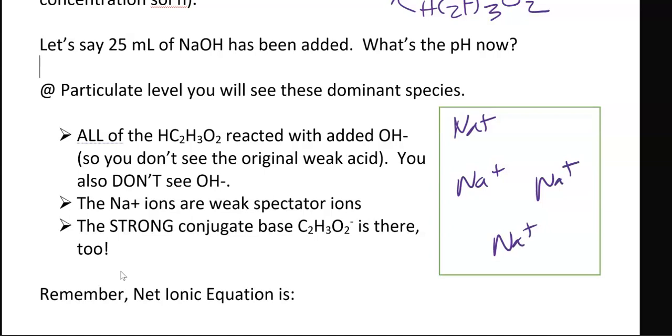And you'll see 4 moles of them, based on our drawing here, which is the same as the moles of acid that you began with. You'll also see a strong-ish, not literally a strong base, but a relatively strong conjugate base.